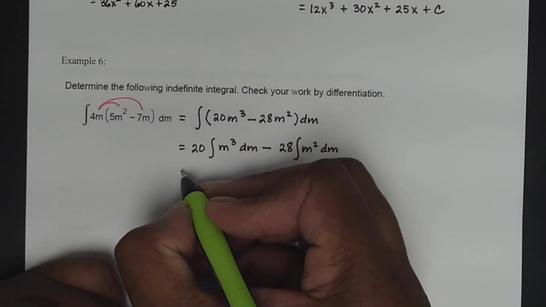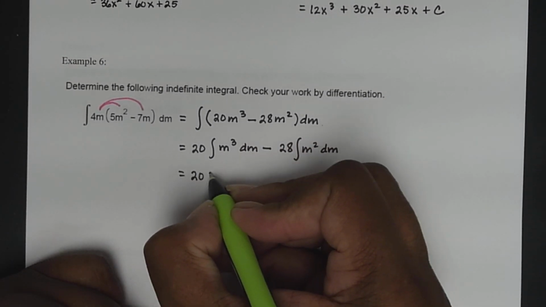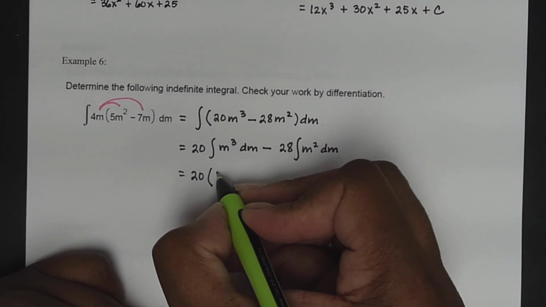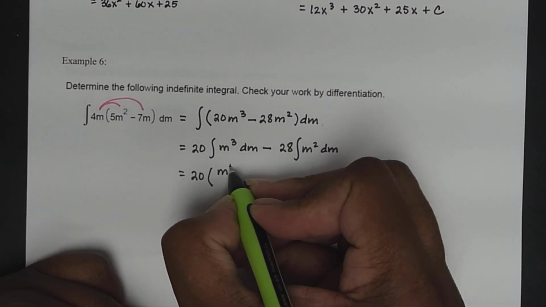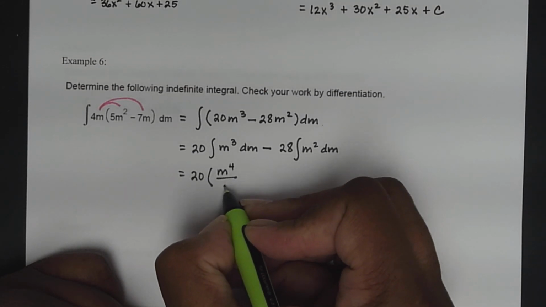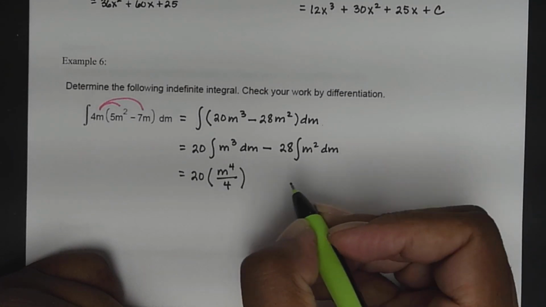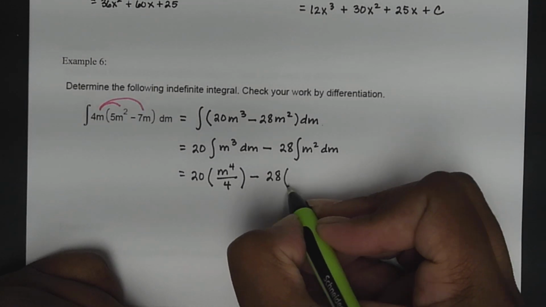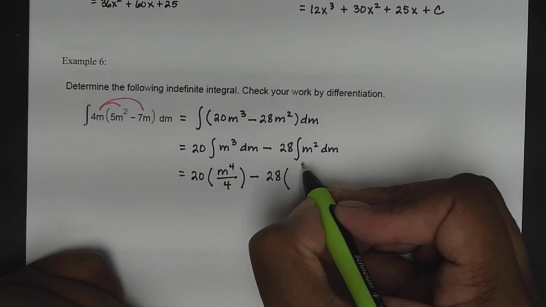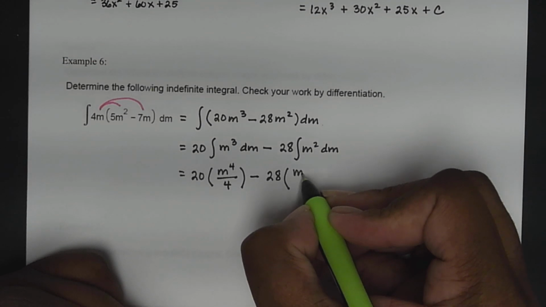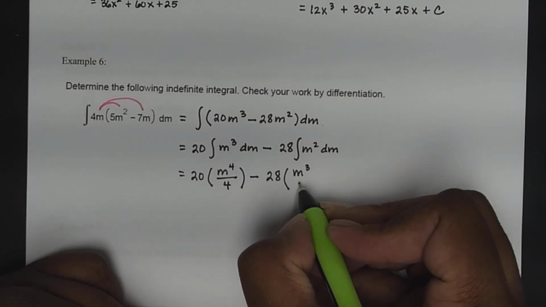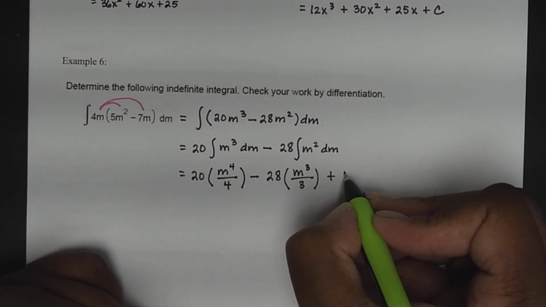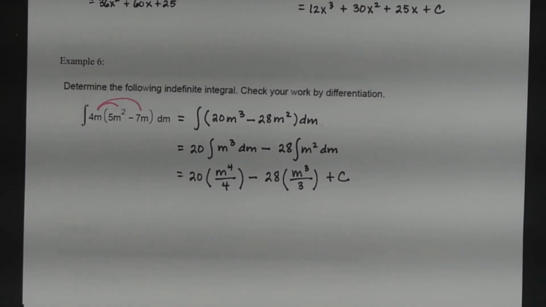Bring this 20 down. If I integrate m cubed dm using the power rule, I increase the power by 1. So it'll be m to the 4th divided by that new exponent of 4. Then minus 28 times, use the power rule again by increasing the power by 1. So it'll be 2 plus 1, that's going to be 3. So it'll be m to the 3rd divided by 3. And of course I need to include plus c.